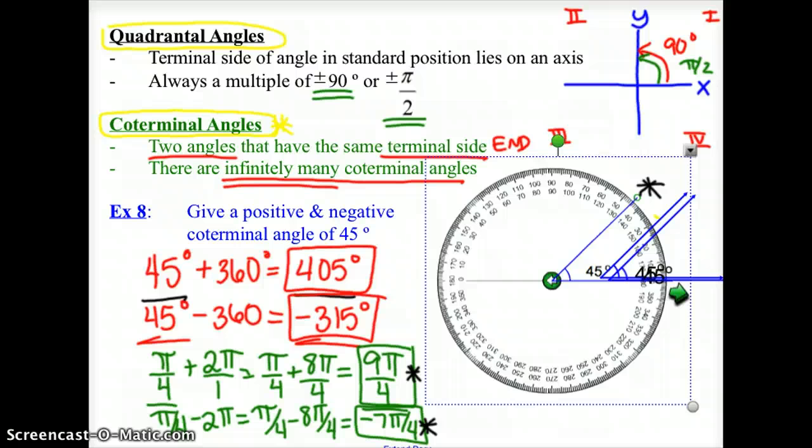So again, there's infinitely many coterminal angles. I can add and subtract 360 as many times as I want, and I would get coterminal angles. Or in terms of radians, I can add and subtract 2 pi as many times as I want, and I will get infinitely many coterminal angles.